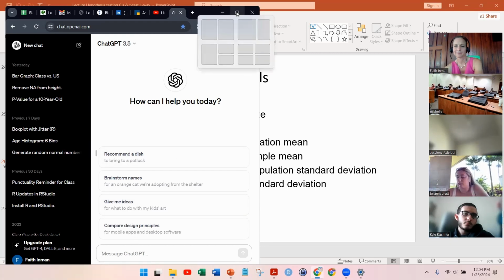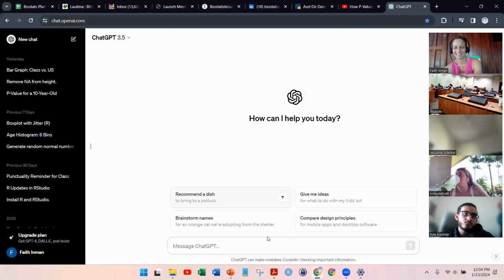Which term confused you guys the most? Was there one conceptually? Yeah. Let's try explain p-values to a 10-year-old.